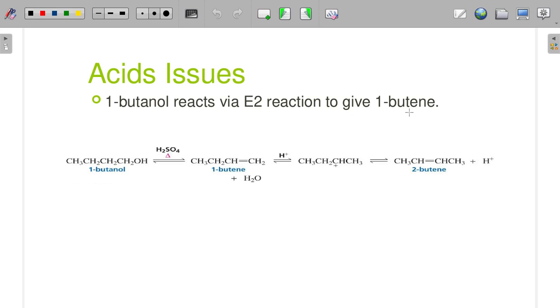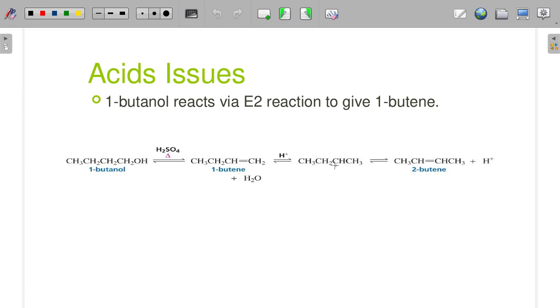Now, another problem we have is when we consider that a primary alcohol should eliminate and make a primary or a terminal alkene. We're going to see that we have a small problem, because this alkene in the presence of water and acid could turn back into another carbocation. And that carbocation that it would make here would be much more stable, being secondary.